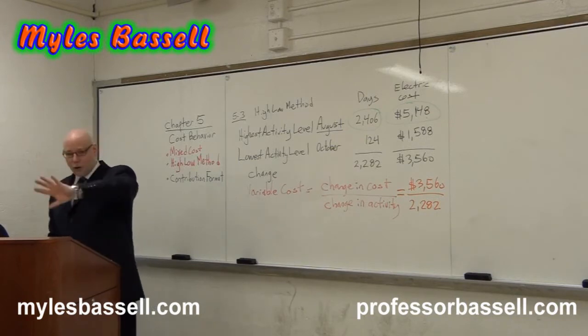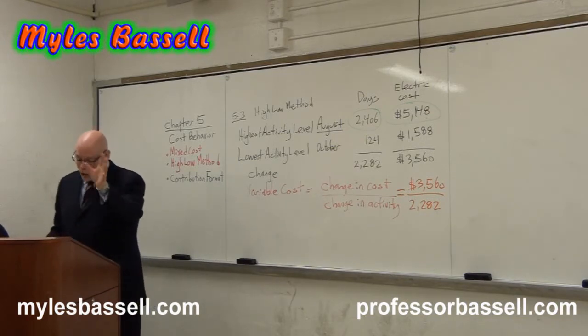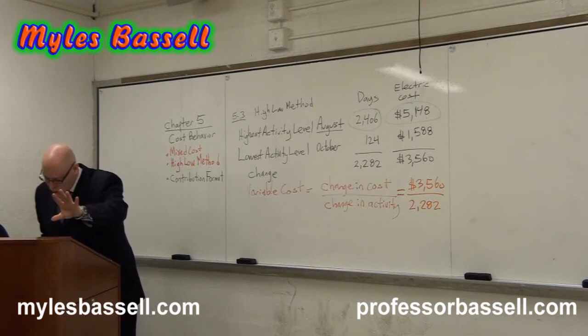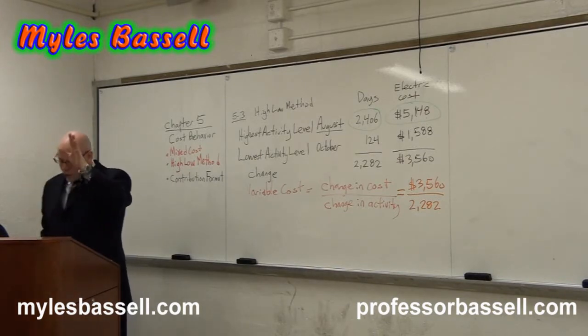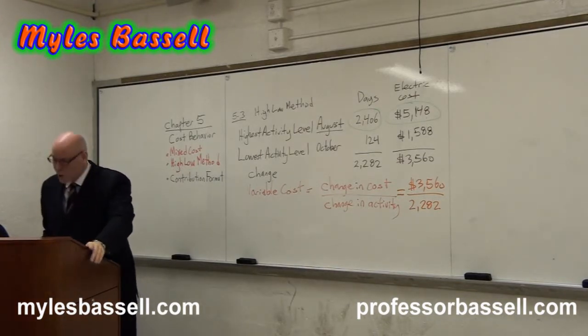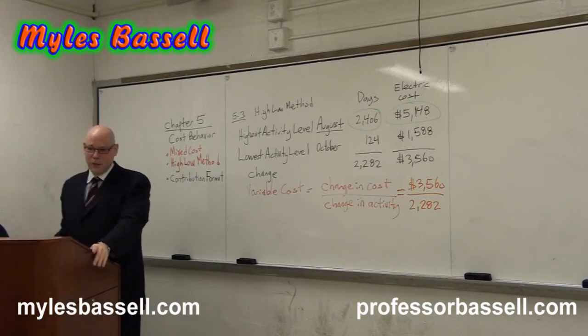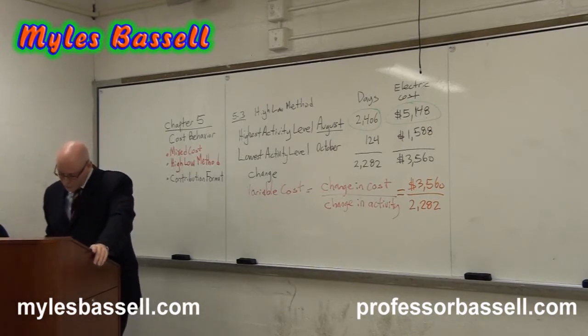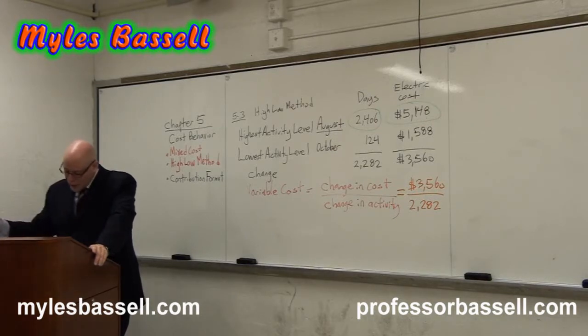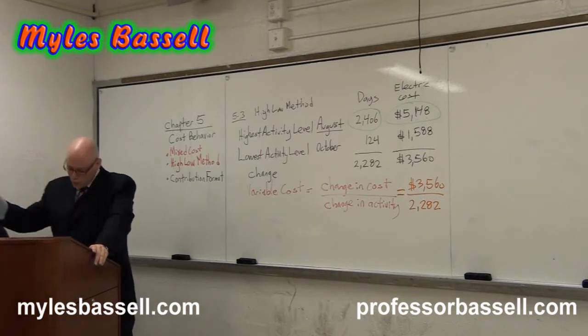So there's product cost and period cost. Product costs are the manufacturing costs. The period costs are non-manufacturing costs, also known as selling, general, and administrative. So what they're telling us here is that some of these period costs are variable and some of them are fixed.